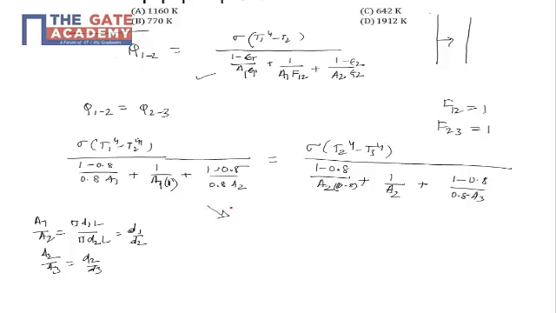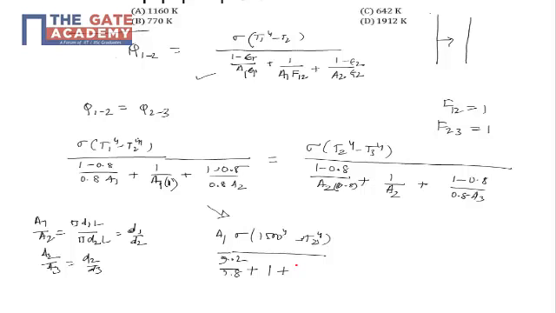Taking these equations, I multiply the numerator and denominator on the left side by A1. So on the left side, sigma T1 power 4 minus T2 power 4 by 0.2 by 0.8 plus 1 plus A1 by A2, which is D1 by D2.